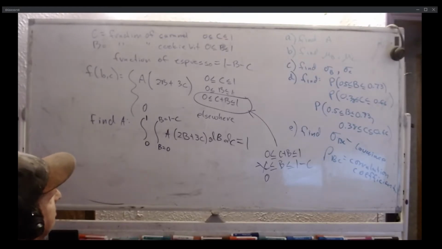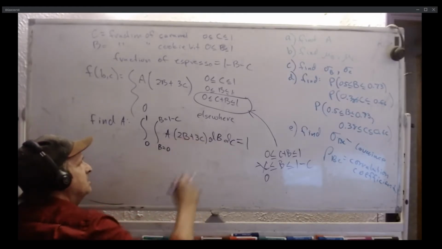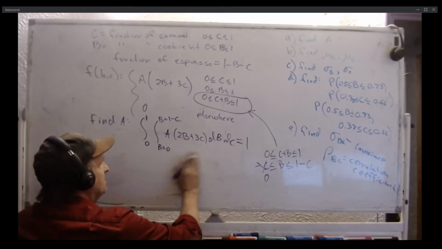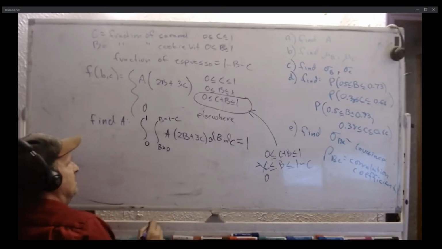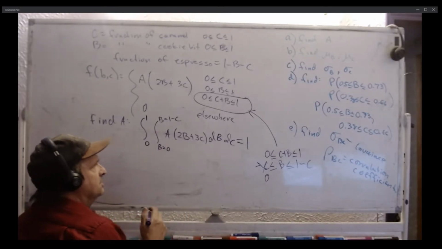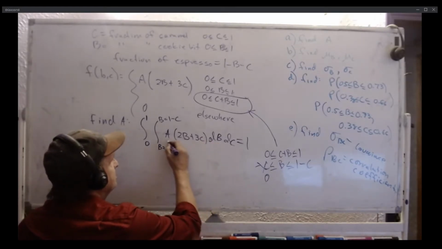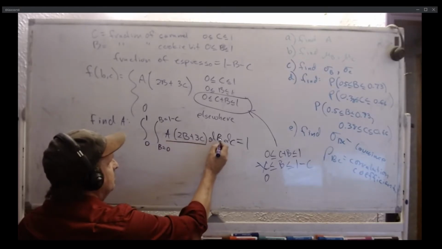Ready to roll this bad boy? Yes. Here we go. Well, no, this is our first one. So if you're a little rusty, follow along with me. If not, knock yourself out and see what A equals, okay? All right. So we're going to integrate this thing with respect to B first.